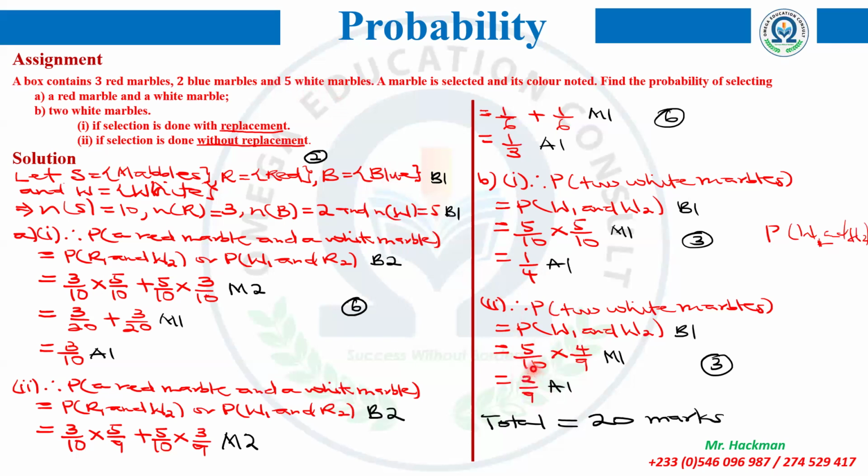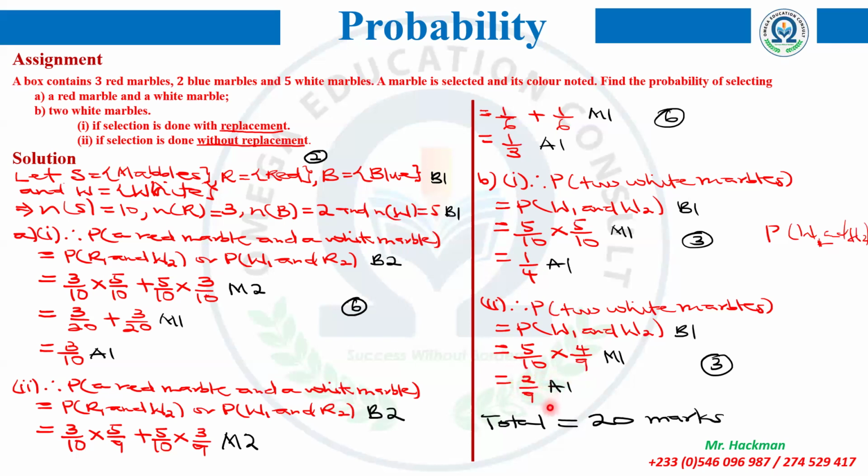By your second selection, remember the first white that you selected, you didn't replace it. So if you are going for your second selection for white, the white will reduce by 1, and therefore your sample space will reduce by 1. So for your second selection, you have 4 white to select out of 9. That gives us what we have here. At this point, you can use your calculator or do it mentally, and you end up getting this.